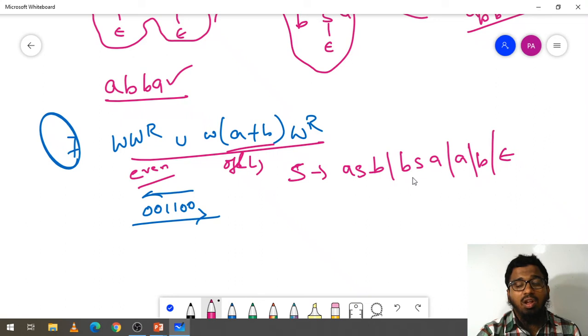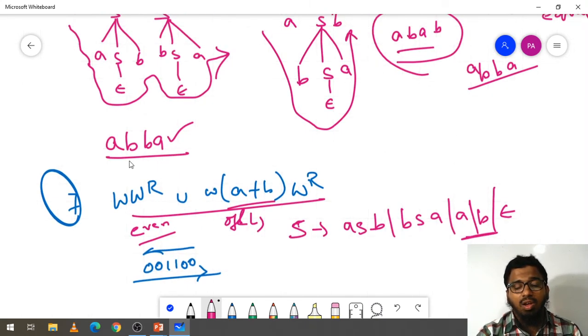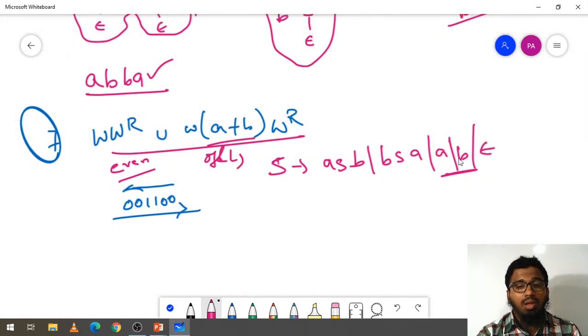If you want an odd number of A's and B's, you must add this A and B. Okay, if you solve this, then definitely you will get the same answer like this. Okay, that is for even. If you want odd, you can add any one of these, A or B, then it will be odd.